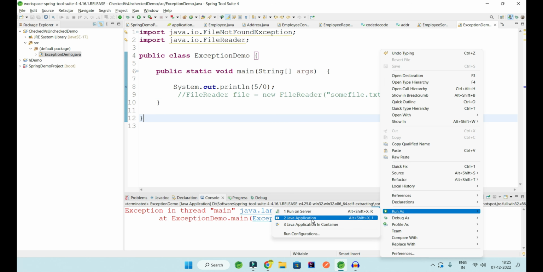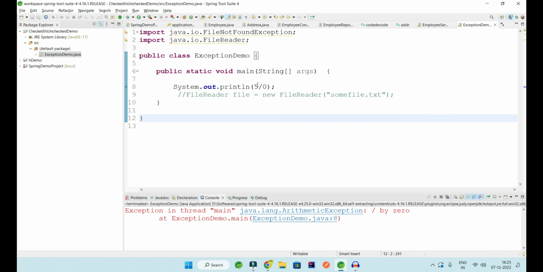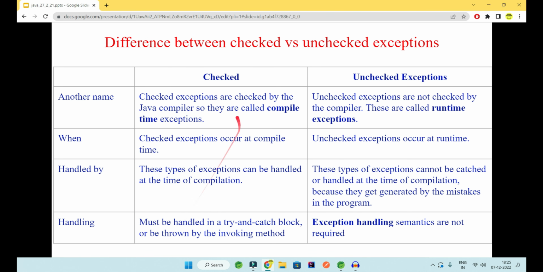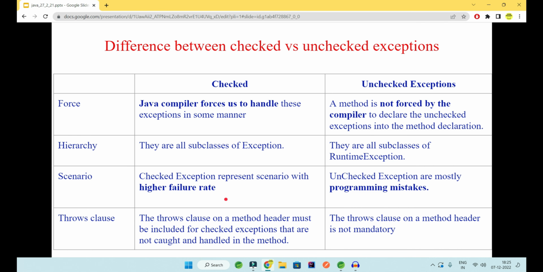Your ArithmeticException, nothing is required. No try, no catch, no throws. So handling should be done by you at compile time, else the compiler will give you an error. And for unchecked exceptions, handling like try catch and throws is not required. Your code will compile successfully.